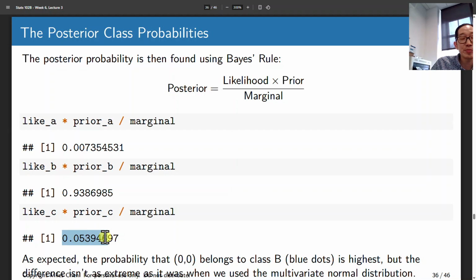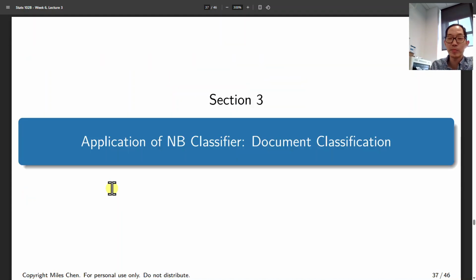Class C is definitely wrong. It's now up to around 5%, which is wrong. But as far as estimating what class it belongs to, class B is still the highest probability. So as far as, are we going to classify this correctly? Most likely yes, okay? And so we'll plug it in there and we get it, most likely yes.